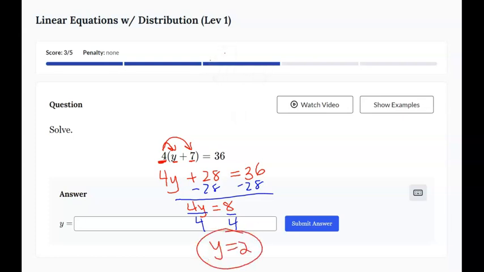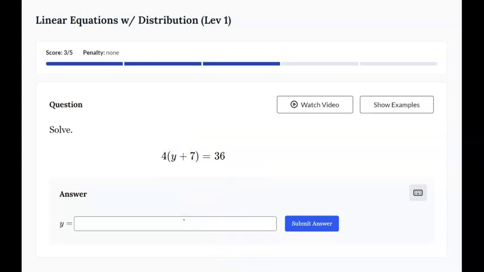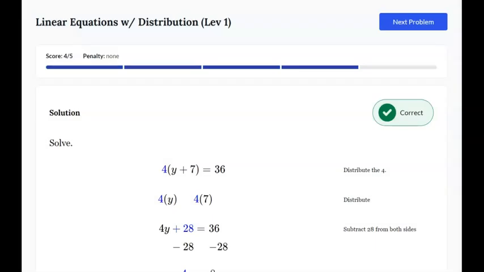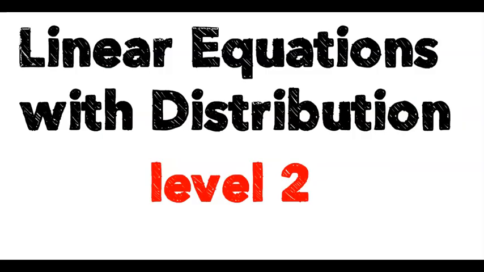Use a calculator if you need to. Alright, I think you're getting the hang of it. Since the next section is also linear equations with distribution, but just a little bit harder, I think we'll go there now. Linear equations with distribution level 2.